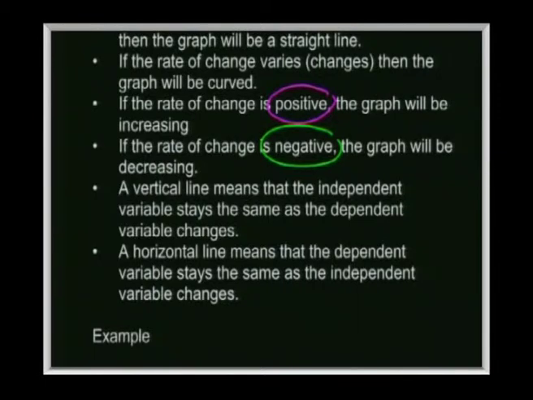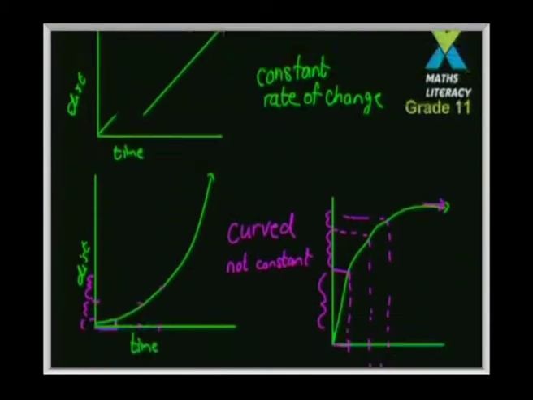A vertical line in a graph means that the independent variable stays the same as the dependent variable changes. So let's have an example of that.